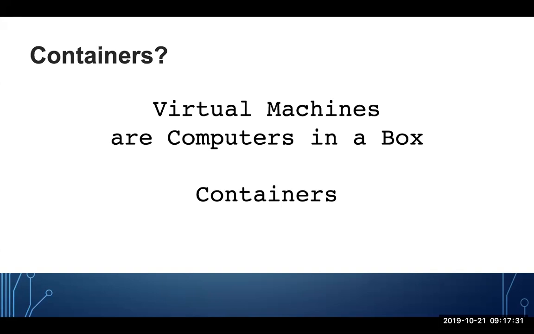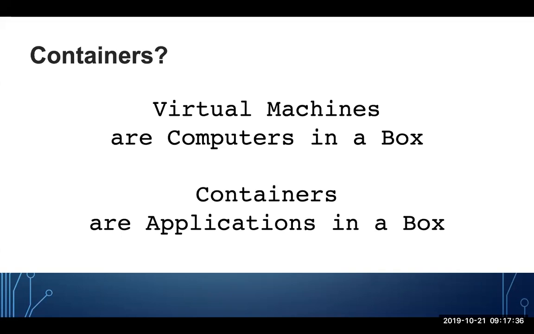Whereas when we started using containers, it was much more lightweight. So think of containers as applications in a box. They're actually sharing the underlying OS, but are able to limit the resources and still run independently by sharing a lot of common resources of the host. So this actually helped us to address a lot of those challenges.